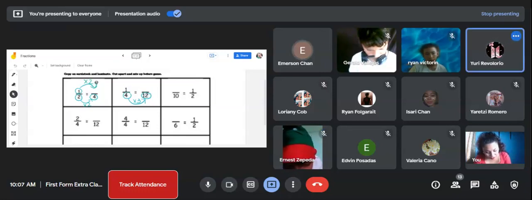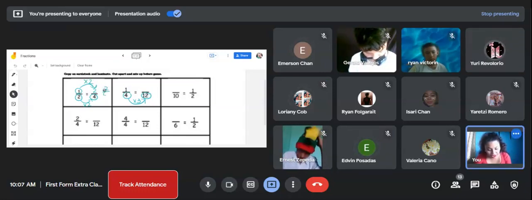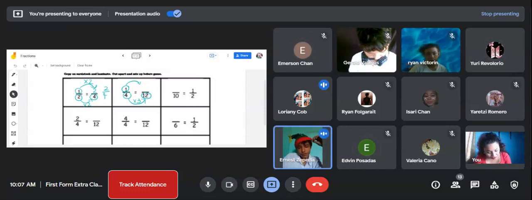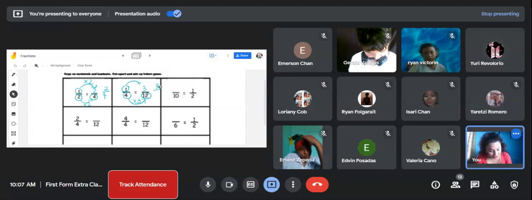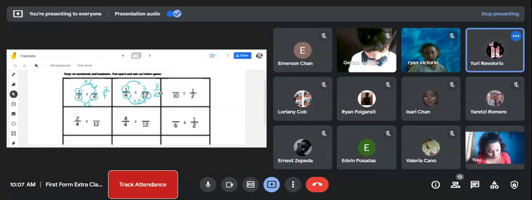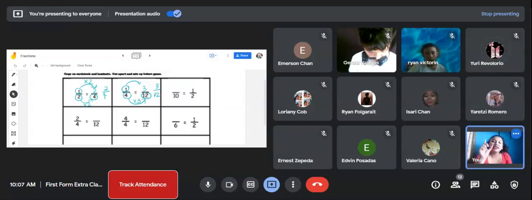So my equivalent fraction here is going to be 2 over 4. What is 1 times 3? 3. So I get 3 over 12. Yes? Let's look at this other one.